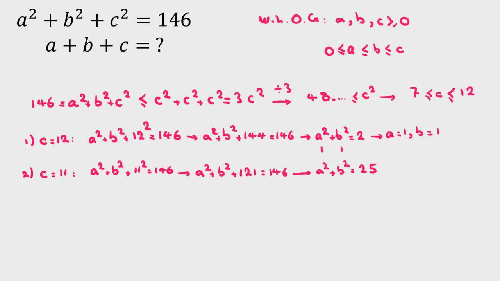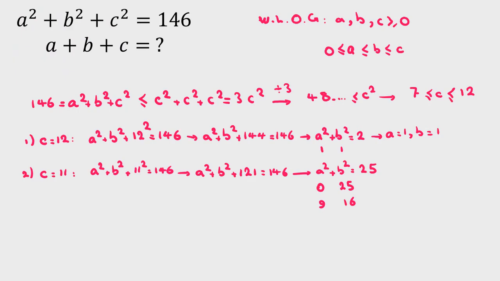Now, we can say it is 25, because A is less than or equal to B, so it is 0, 25, or 9, 16. So for A, B: 0, 5, and 3, 4. So 0, 5, 11 and 3, 4, 11.